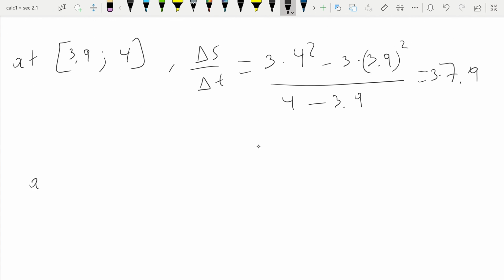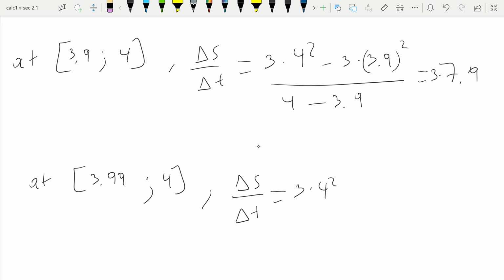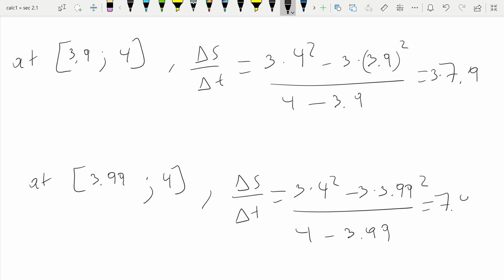And then we have another interval. At the interval 3.99, 4, delta s over delta t is equal to 3 times 4 squared minus 3 times 3.99 squared, all that divided by 4 minus 3.99, which is equal to 7.99 times 3.